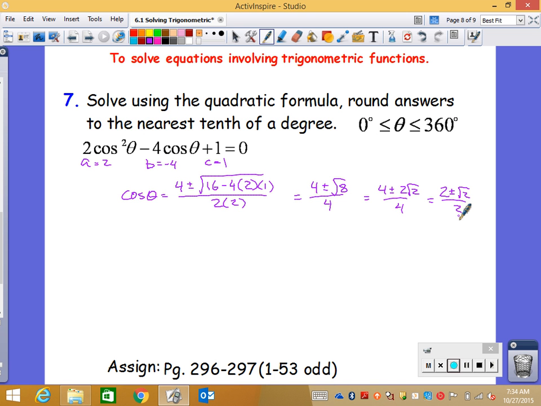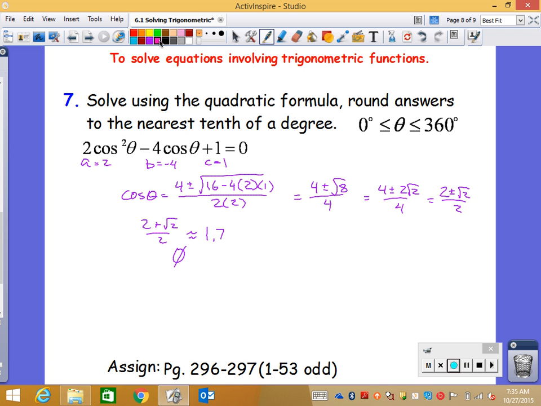When it's plus, I get 2 plus root 2 over 2, which if you were to plug that in your calculator, that's about 1.7. Well, I don't need to go any farther than that right now for this one. Why? Is cosine of theta ever going to be more than 1 here? No. So right there, I have an empty set. So I don't need to bother with the plus side.